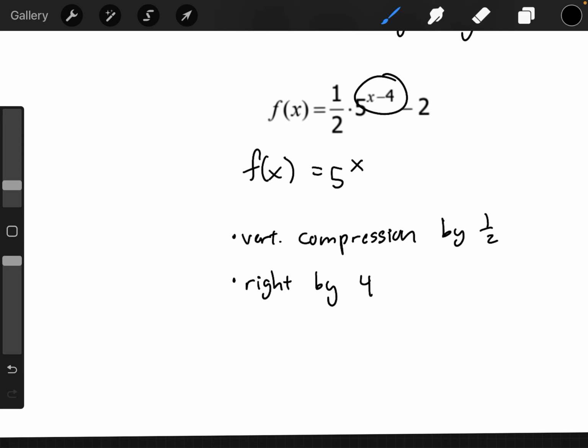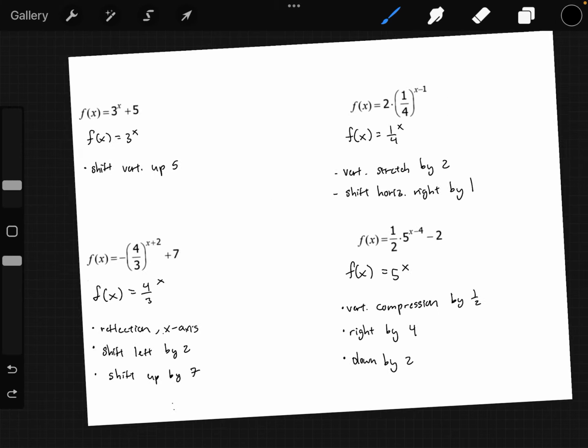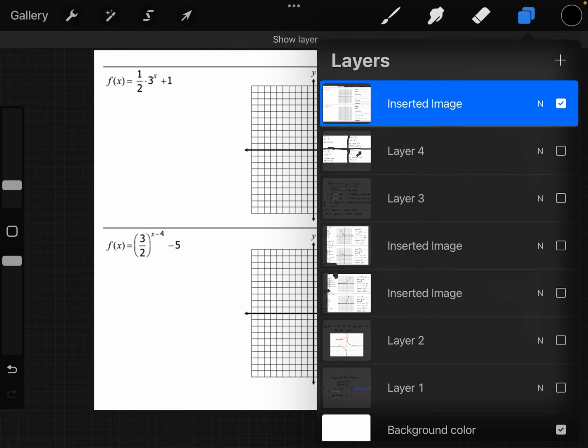It'll shift right by 4, indicated by that h value, and down by 2, indicated by this k value. So the transformations are pretty straightforward, as long as we're familiar with the general expression.